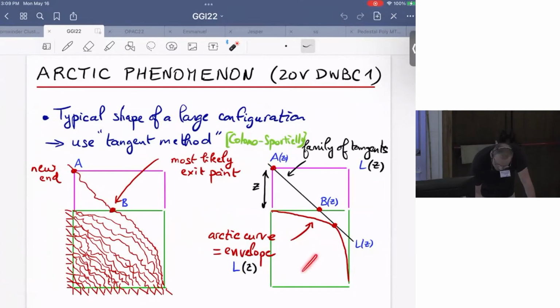So asymptotically, it gives you something like this. So you expect a certain asymptotic curve here. And now, if you can figure out the most likely exit point of this path here, which is now attached somewhere else, so it has to exit, then you can draw the line that joins the most likely exit point to the new endpoint, and that line is going to be tangent to the Arctic curve.